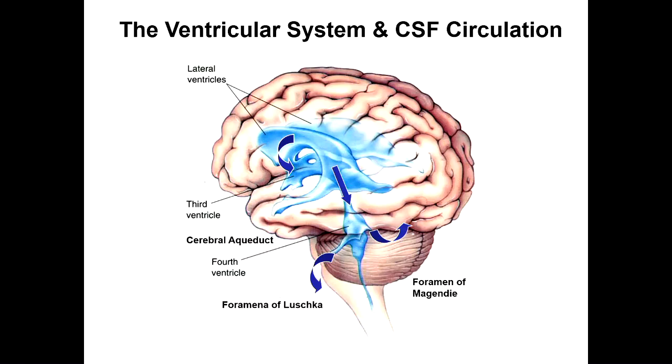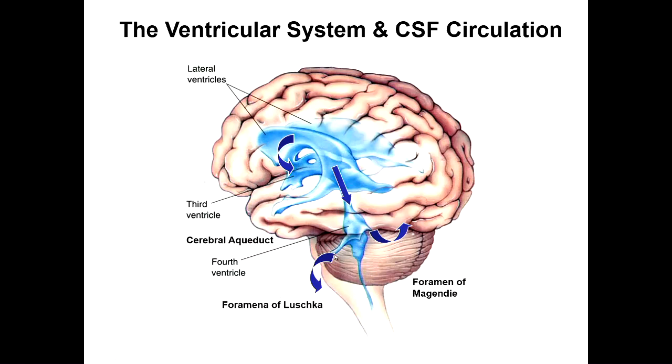One is called the foramen, which means a hole, the foramen of Magendie, and that's found at the midline. It's a medial hole, that's Magendie. And then there are two lateral holes, which are called the foramina of Luschka. So Luschkas are lateral. And then the CSF escapes from the fourth ventricle and in fact goes on the outside of your brain into the subarachnoid space, that surrounds the entire brain surface.